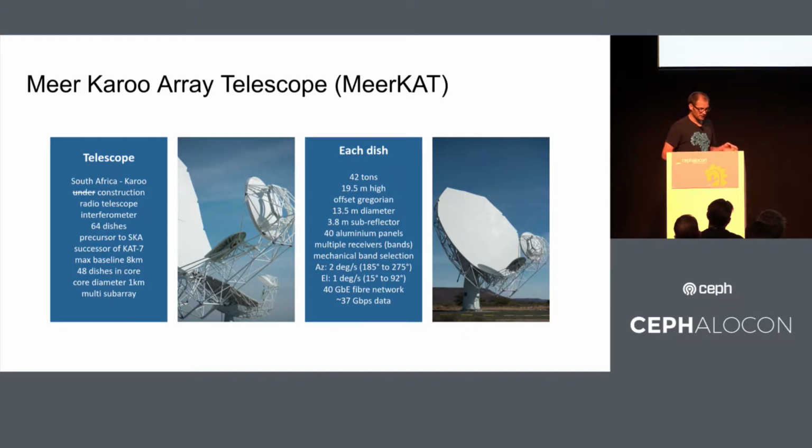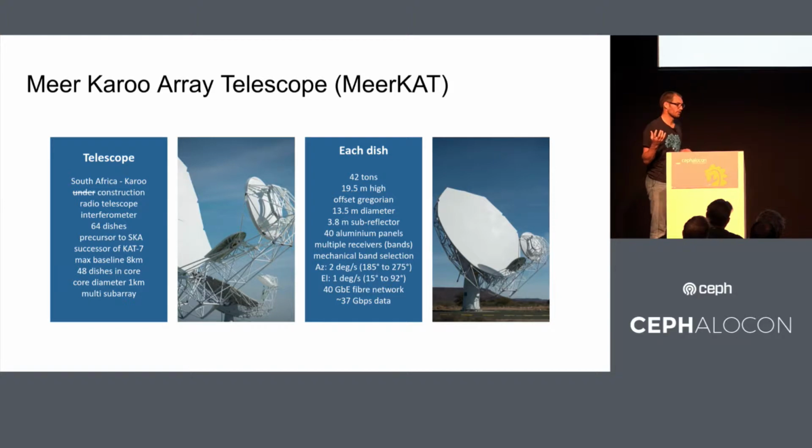MeerKAT consists of 64 dishes, and each dish is an individual receiver. MeerKAT's an interferometer, so what is important is the signal difference between any two dishes, or actually, at the end, between all the different dishes.